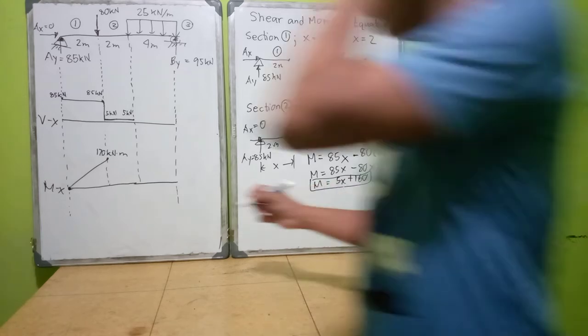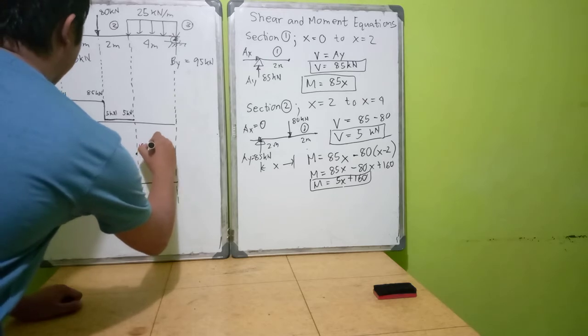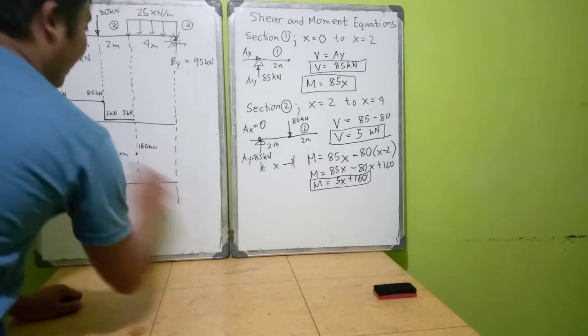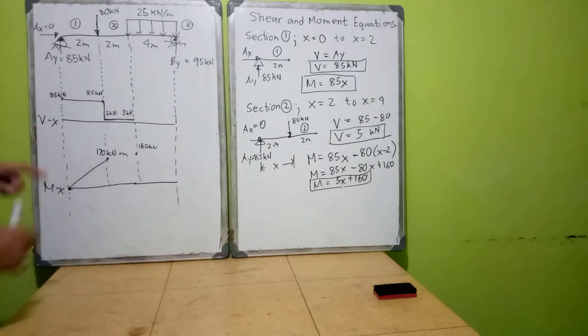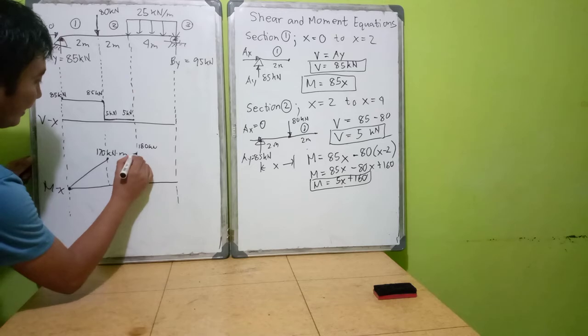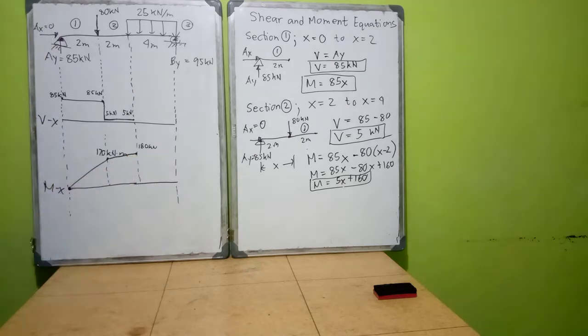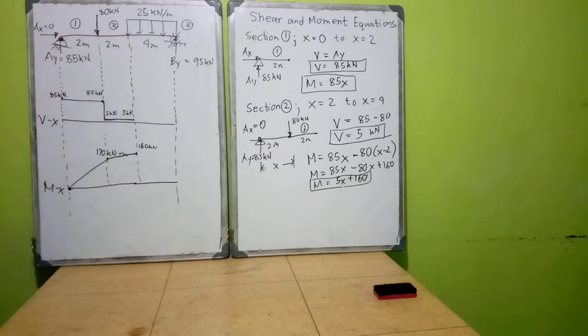This will be 180 kilonewton-meter. Since this is an x variable, it is actually increasing straight. Now we have section 3, the last section.